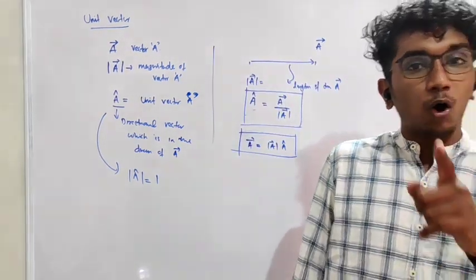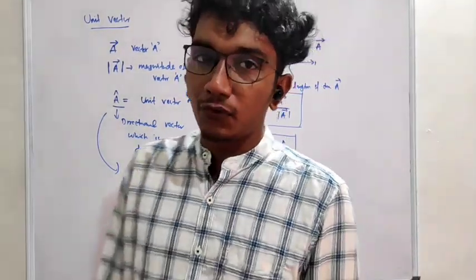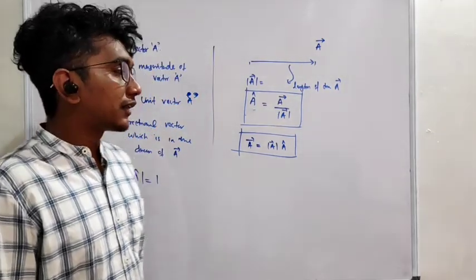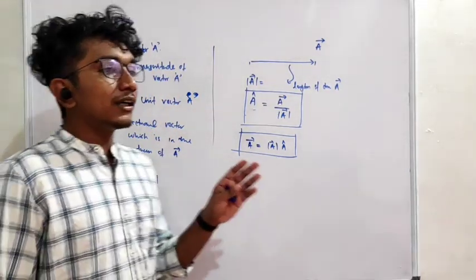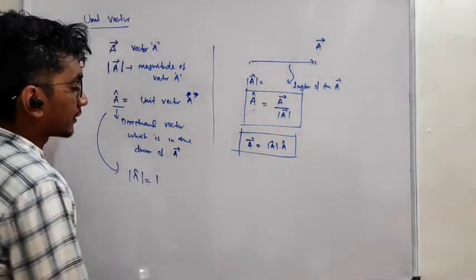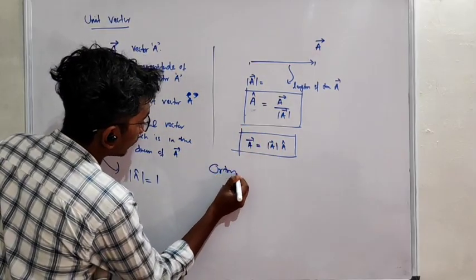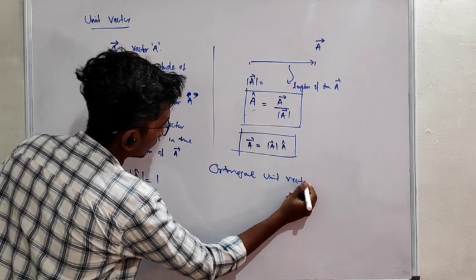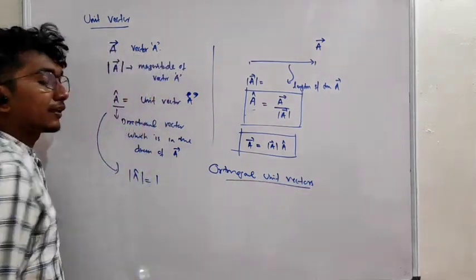And you must have seen orthogonal vectors. What is the meaning of orthogonal vectors? They start from one point, right? So there are orthogonal unit vectors. What is the meaning of orthogonal unit vectors?